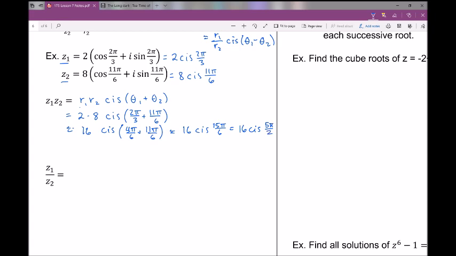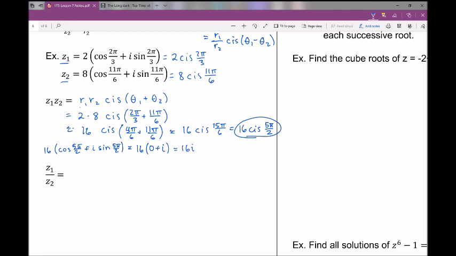Now, if we wanted to change that back to rectangular form, as we often do, we can think about this as its expanded form. So we have 16 times the cosine of 5 pi over 2 plus i times the sine of 5 pi over 2, which if we simplify the cosine and the sine, we get 16 times 0 plus i, and if we were to distribute 16, we would just get that this is 16i.